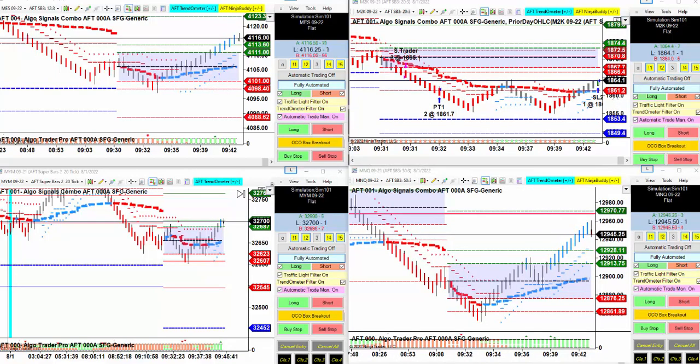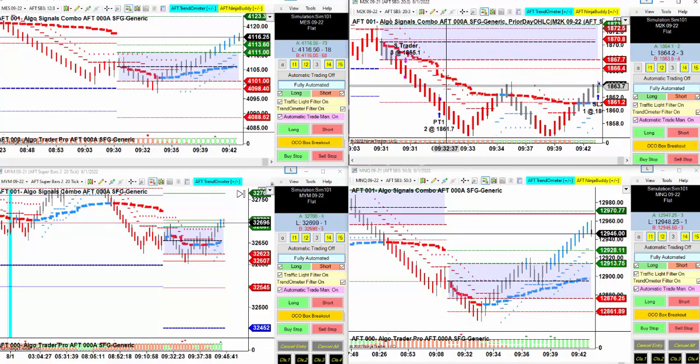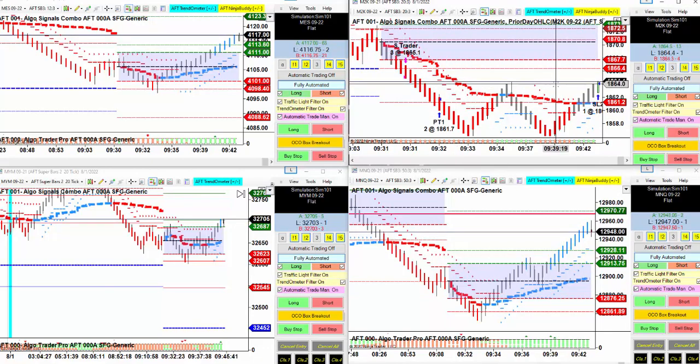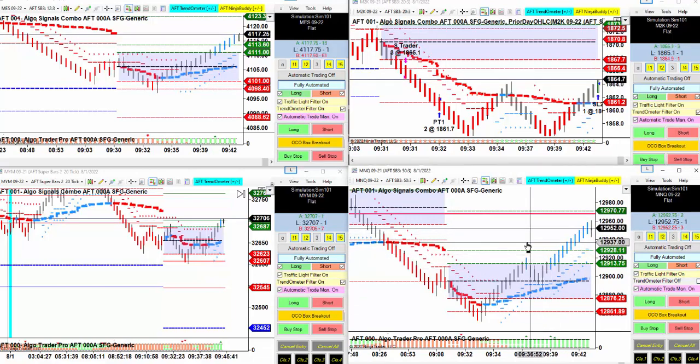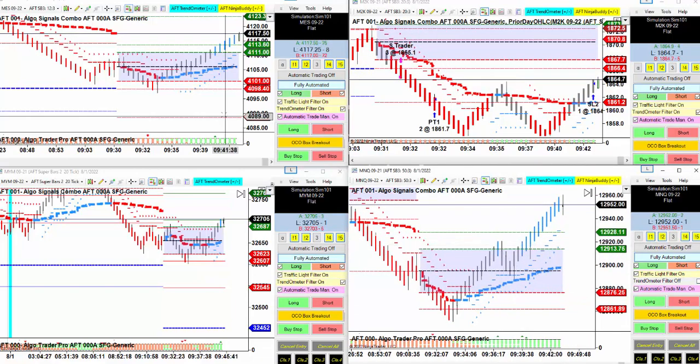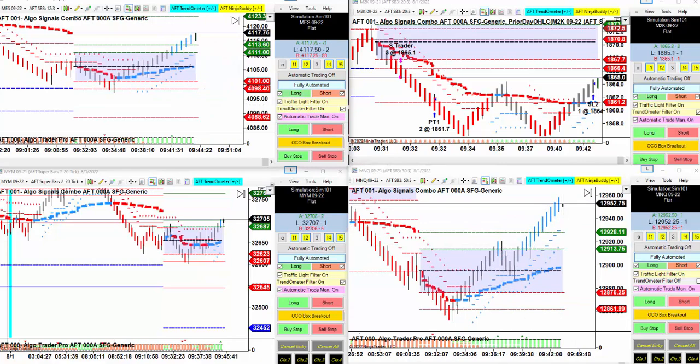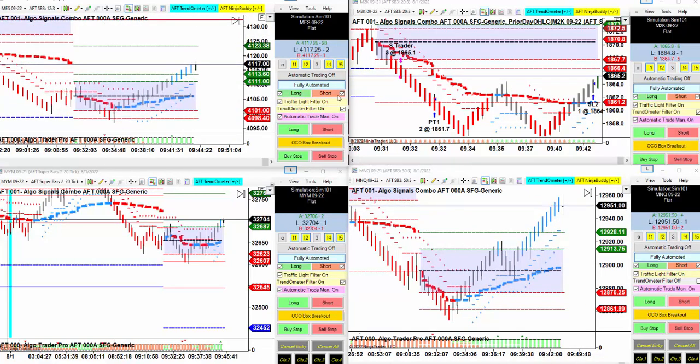All right, guys. So I just stopped out on the last one on a trail, just a little better than break even. I forgot I had the trendometer on these, but you could be long NQ, ES as well. Those were the two stronger markets as the market shaped up.